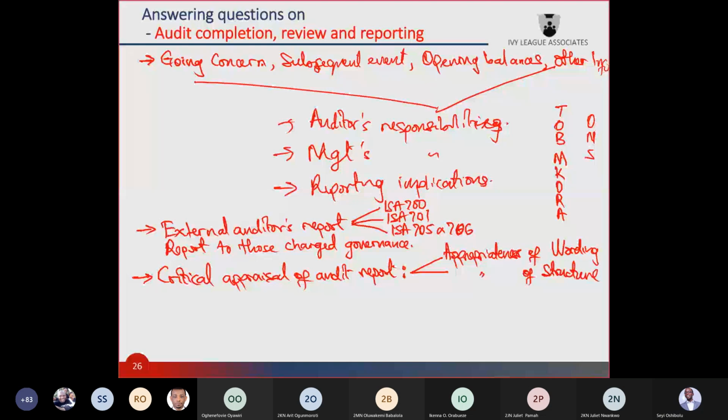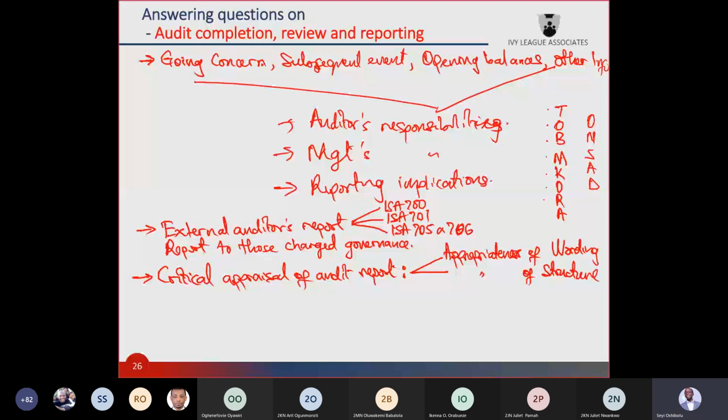Title, opinion, basis of opinion, material uncertainty related to going concern, if relevant, CAM, other information paragraph, responsibility of management, auditor's responsibility, other statutory reporting obligations, name of the engagement partner, if it's a listed entity, signature of the auditor, address of the auditor, date of the audit report.